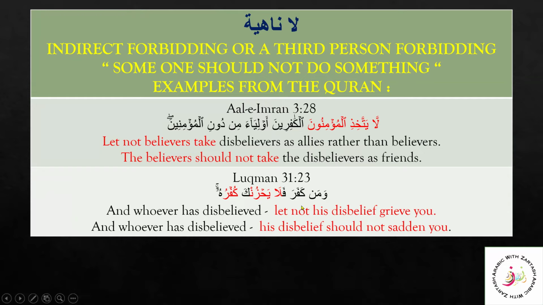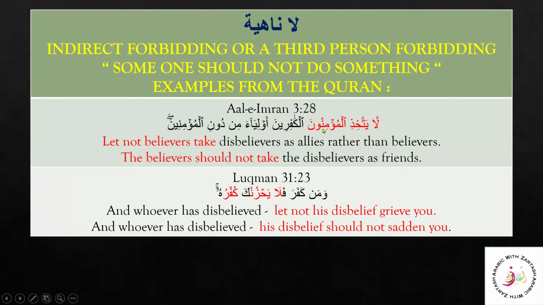Then the next example is waman kafara fala yahzunka kufruhu. Here, remember, for huwa versions we look for an outside doer, because the inbuilt pronoun, the damir mustatir taqdiruhu huwa, will be cancelled out by the outside doer, the ism zahir, which is al-mu'minuna. This is in the rafa state, and the first rafa will be our fa'il.